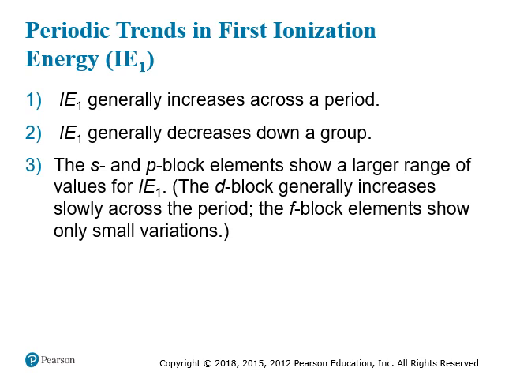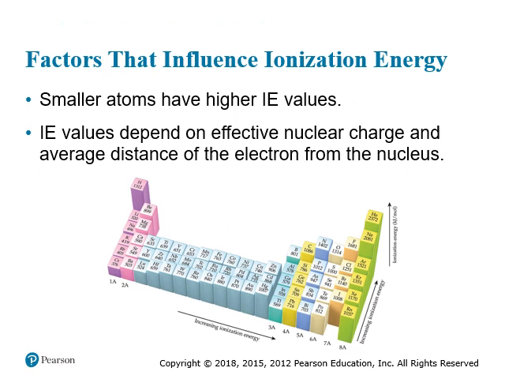Now, it should be noted that the s and p blocks show a fairly wide range of values for ionization energy. The d block and the f blocks don't change as dramatically. Smaller atoms tend to have high ionization energy values. Hydrogen has an ionization energy value that is significantly larger than that of lithium.